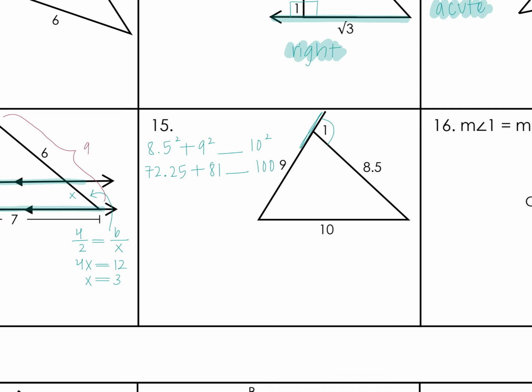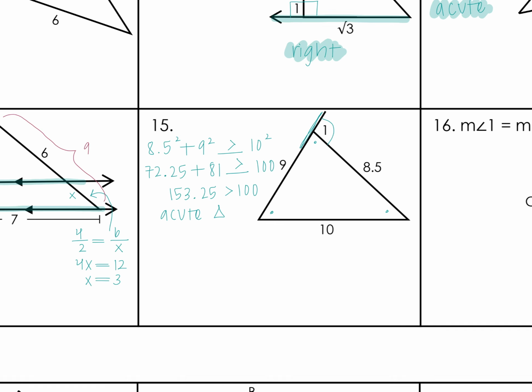So when you add the 72.25 and the 81, you're going to get 153.25, which will be greater than our 100. Okay, that means that this would be an acute triangle. Okay, and I'm going to write that acute triangle.